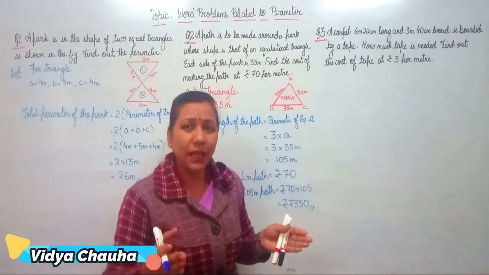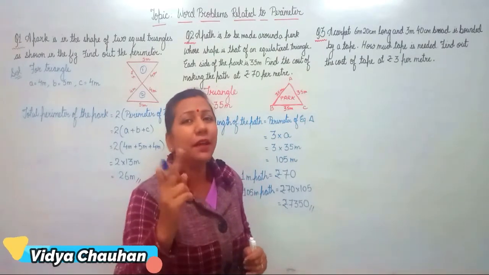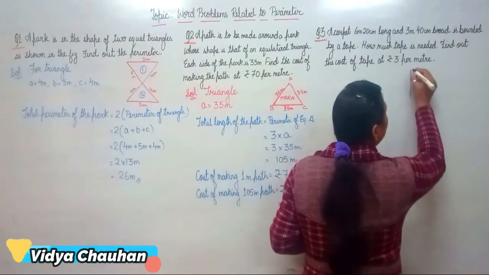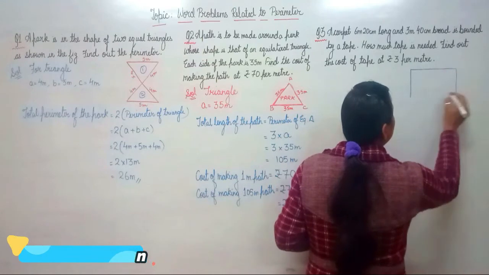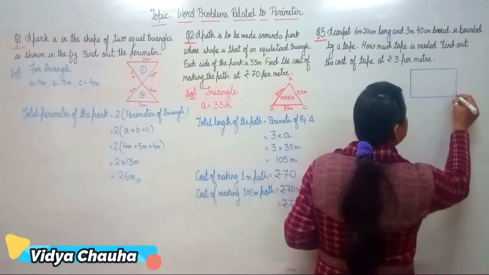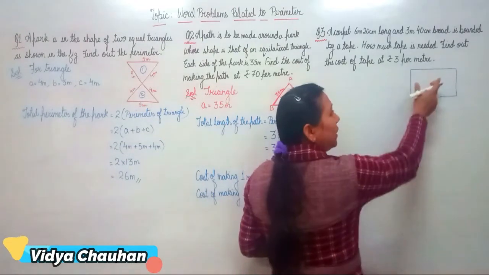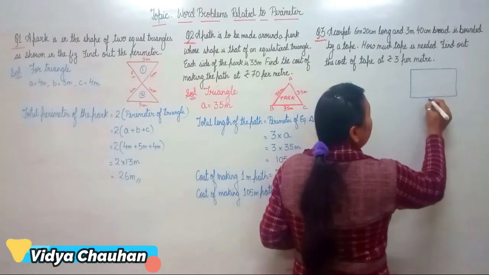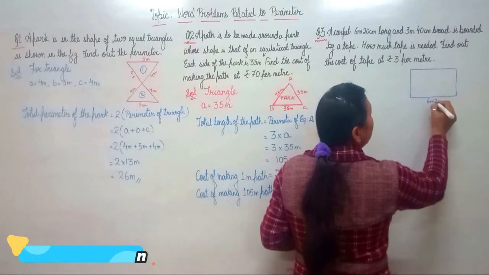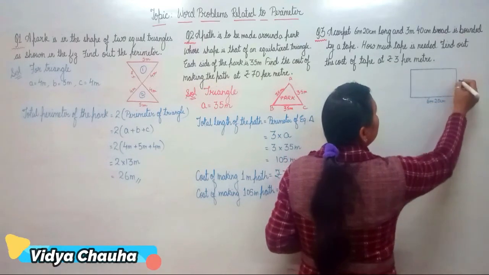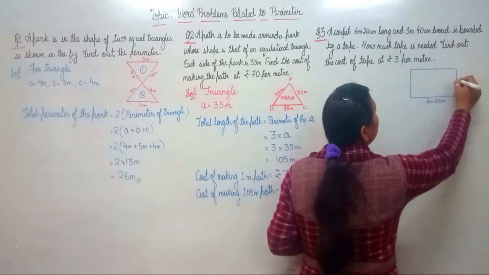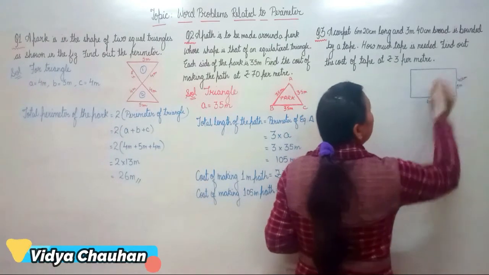Just because there is length and breadth, it is rectangular in shape. If I draw the figure, the carpet is in rectangular shape. The length of the carpet is 6 meter 20 centimeter. The breadth of the carpet is 3 meter 40 centimeter.